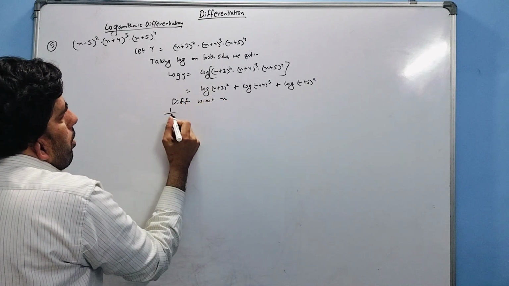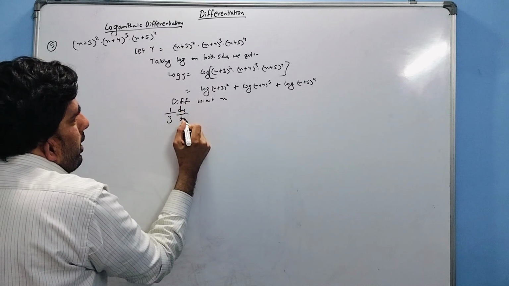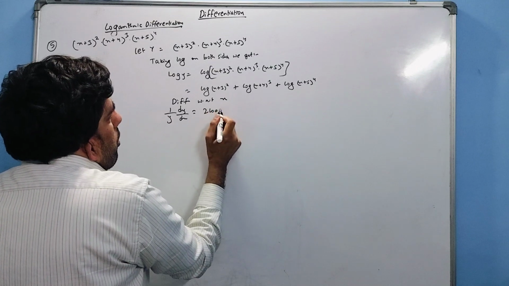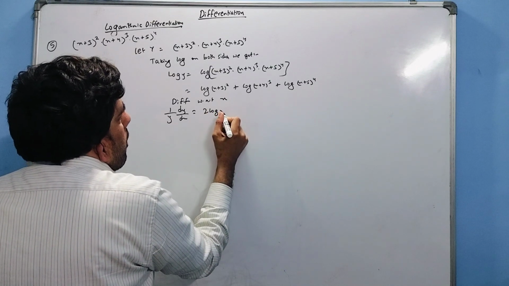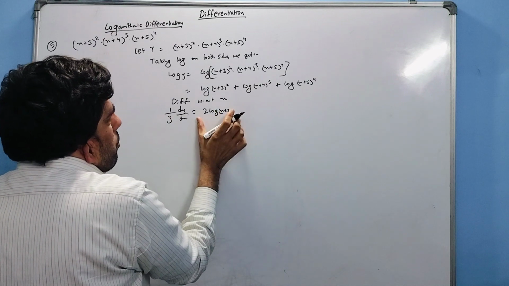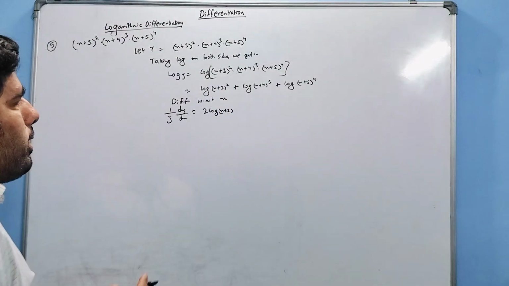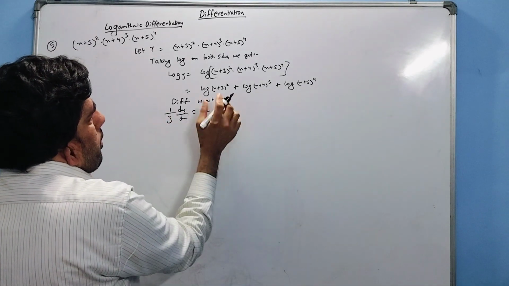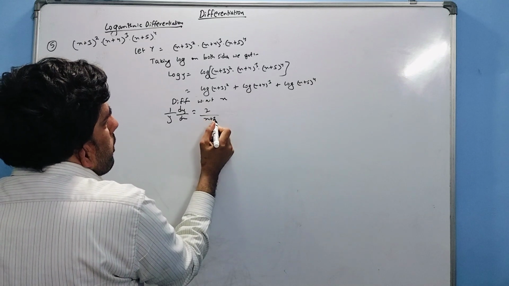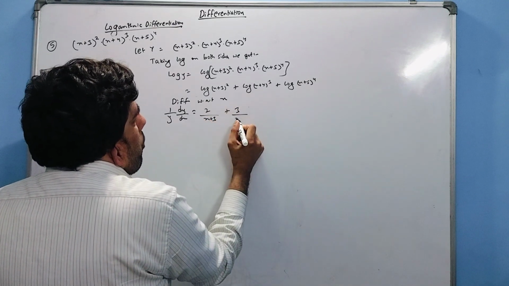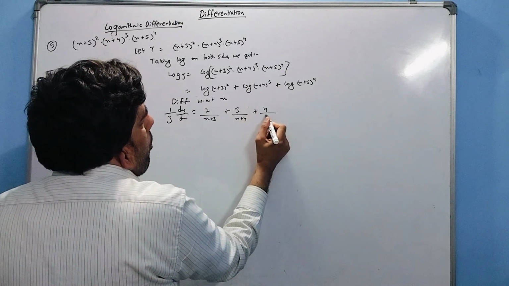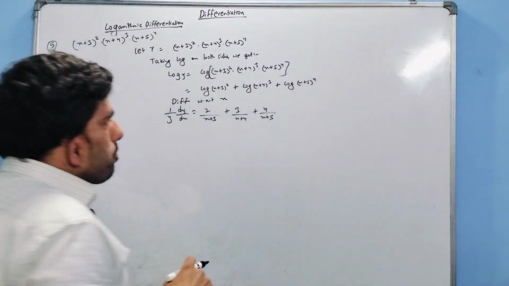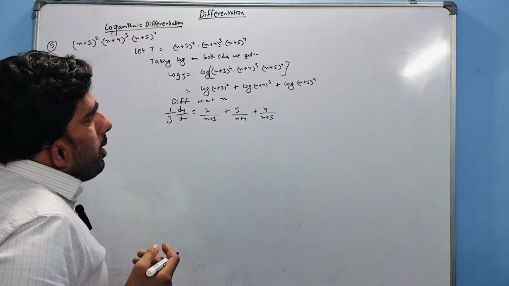So what we have, 1/y dy/dx is equal to, what we can do here, 2 into log of (x+3). Then if I take 2 into differentiation of this, it will be 1/(x+3), plus 3 into 1/(x+4), plus 4/(x+5), because we know the differentiation of log x will be 1/x.